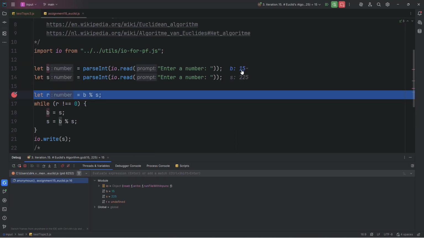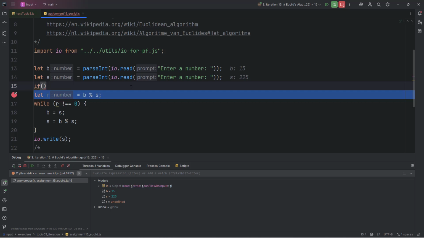So I have two numbers, 15 and 225, biggest and smallest. So now let's see what's happening. I'm calculating the remainder. You might say, well, I found the problem because 15 is not the biggest and 225 is not the smallest. So wouldn't I need an if here to just swap those two? See, one of the very first exercises we made. So something like this.